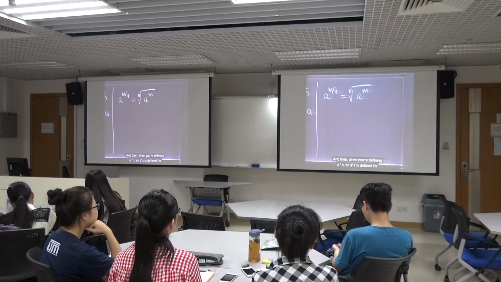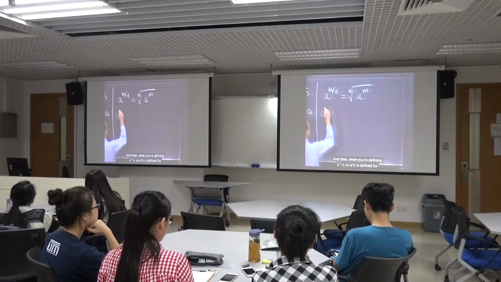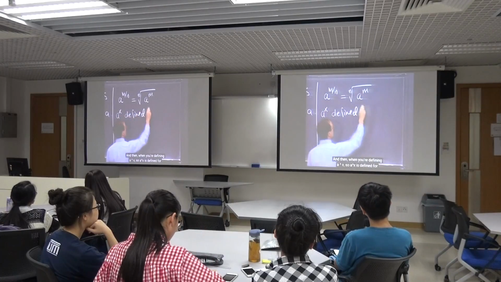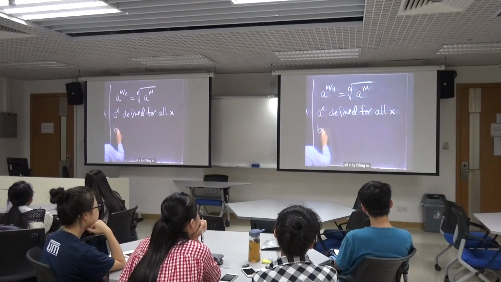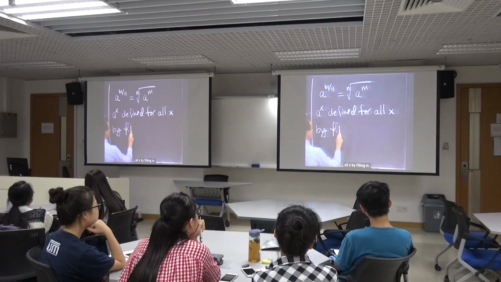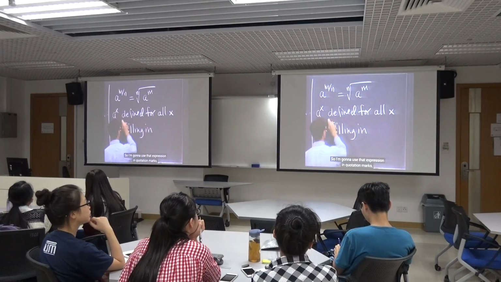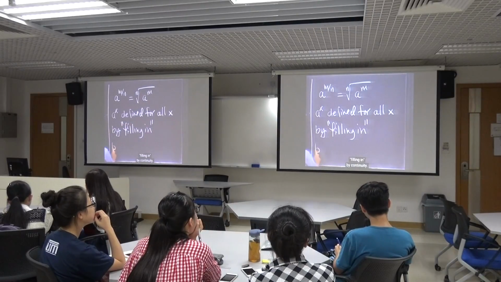And then, when you're defining a to the x, so a to the x is defined for all x by filling in, I'm going to use that expression in quotation marks, filling in by continuity.